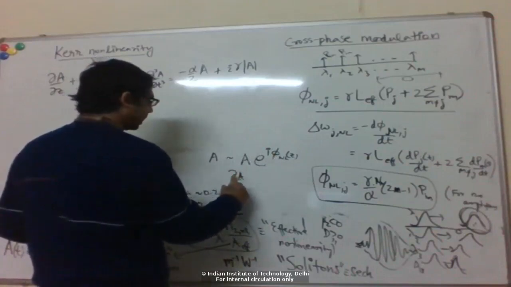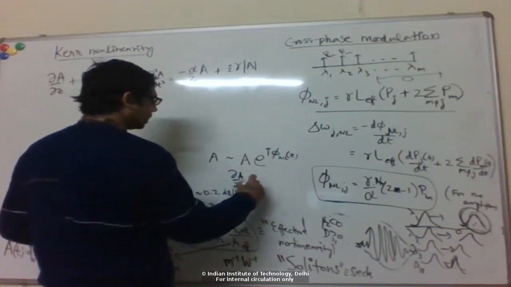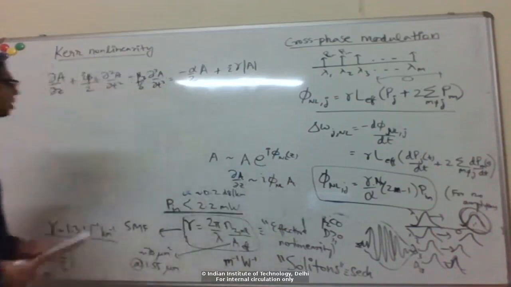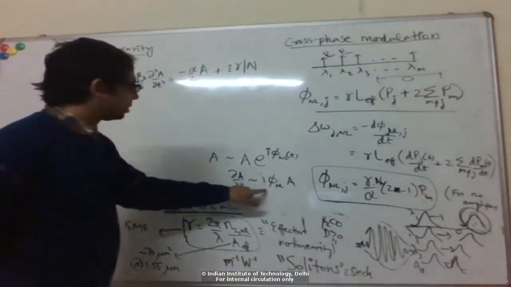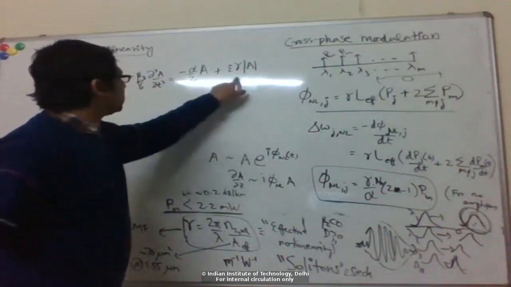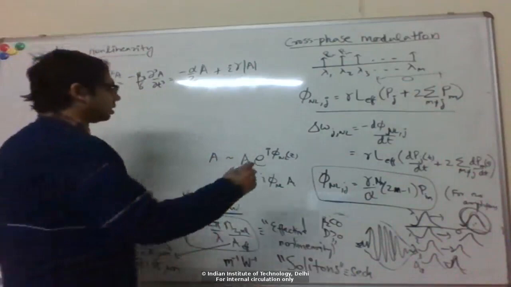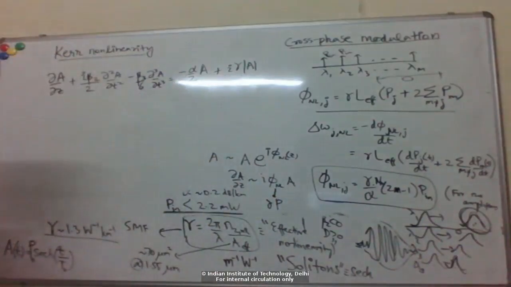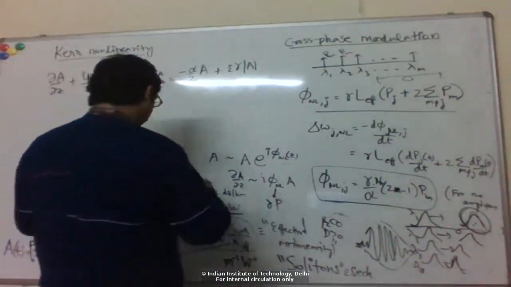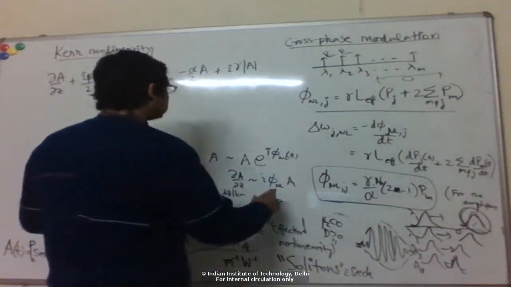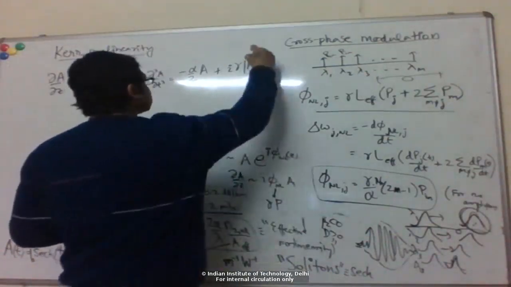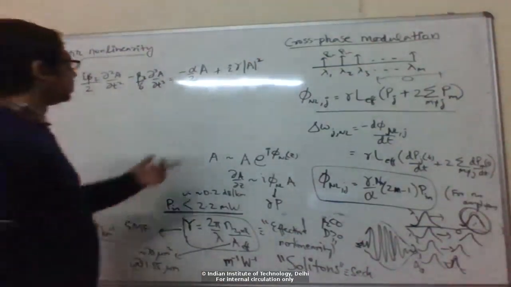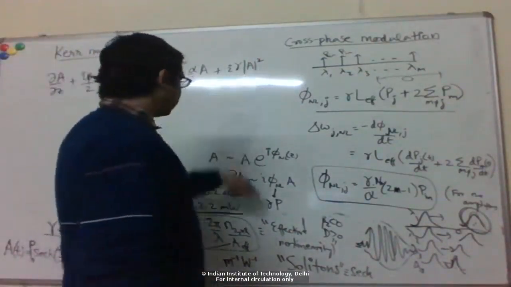So if we take dA by dz, we add this i times the nonlinear phase times A. And the nonlinear phase was gamma times P, and P is just mod A square, if we normalize the amplitude units such that mod A square gives me power.